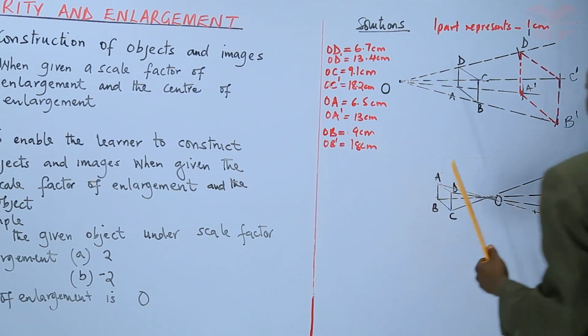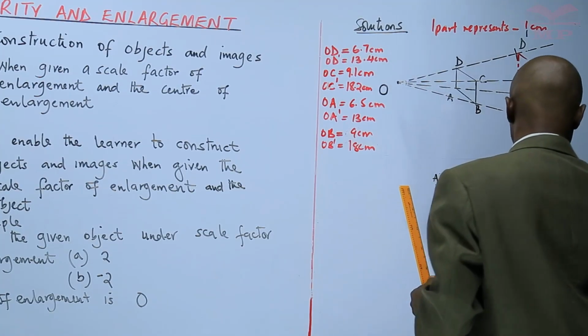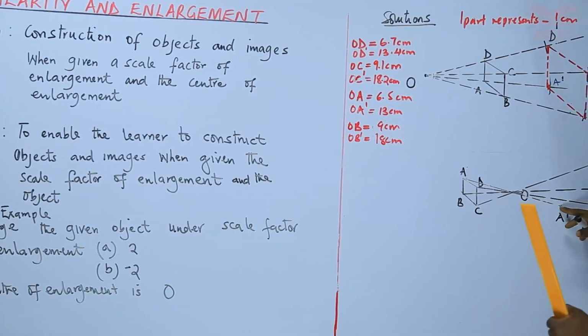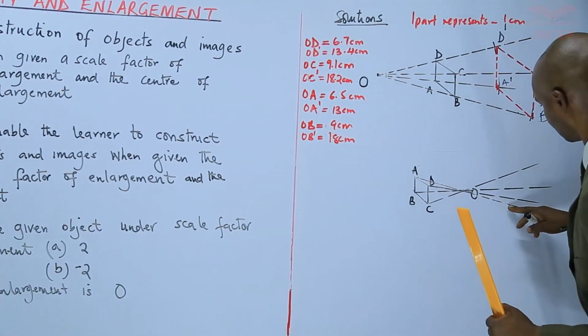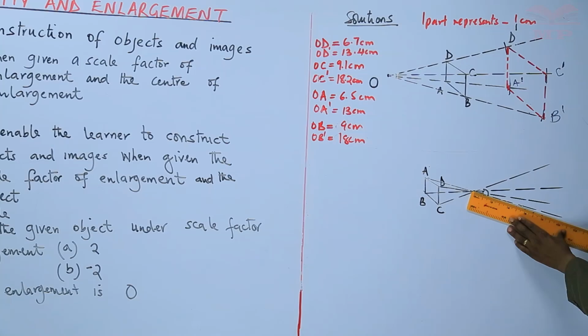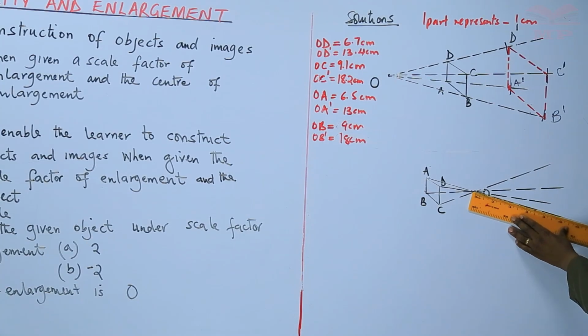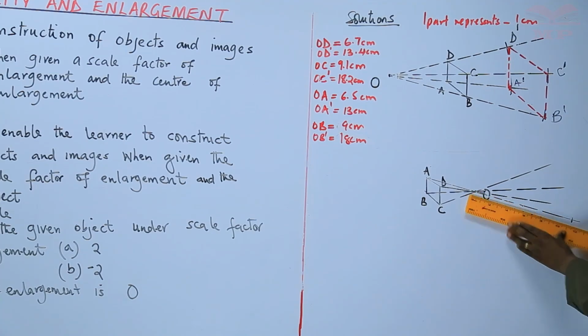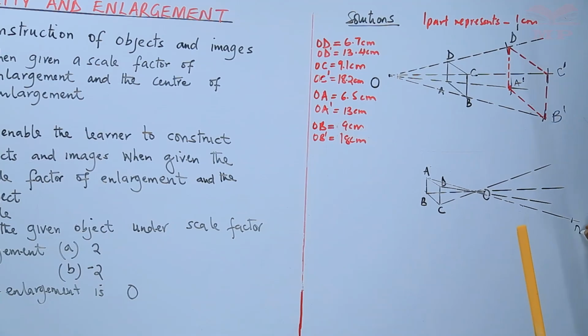So that one is A prime. You just double. Sorry for that. So if you measure from that center of enlargement 5.6, you come to 11.2. That is A prime.